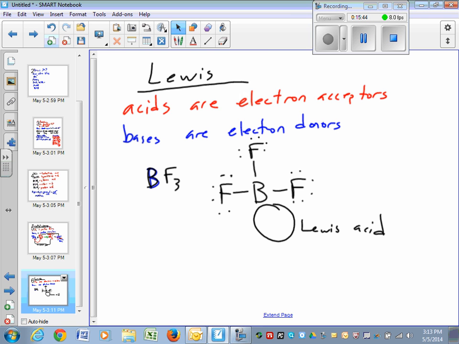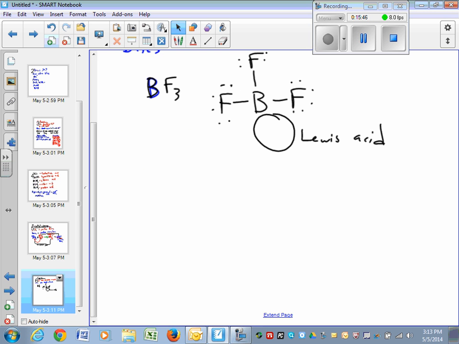And it can react with a Lewis base, something that has extra electrons floating around. What's a good example of a Lewis base? How about chlorine? If we do the chloride ion, right? Chlorine has 7 valence electrons.